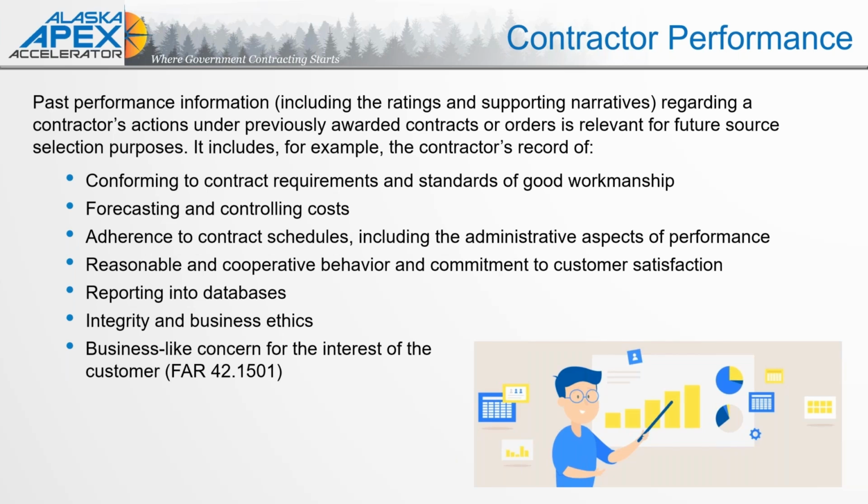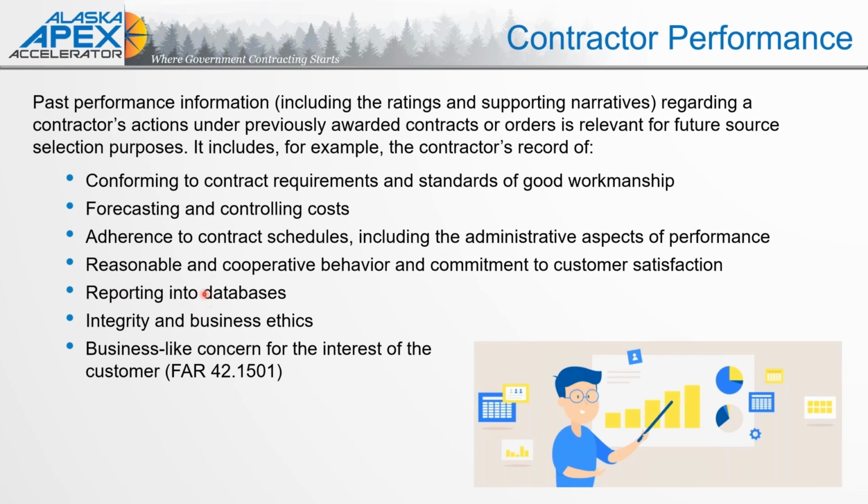These are the areas identified in FAR 42 that should be addressed for a contracting officer to be able to issue past performance: conforming to contract requirements and standards of good workmanship, forecasting and controlling costs, adherence to contract schedules, reasonable and cooperative behavior, commitment to customer satisfaction, and reporting into databases.